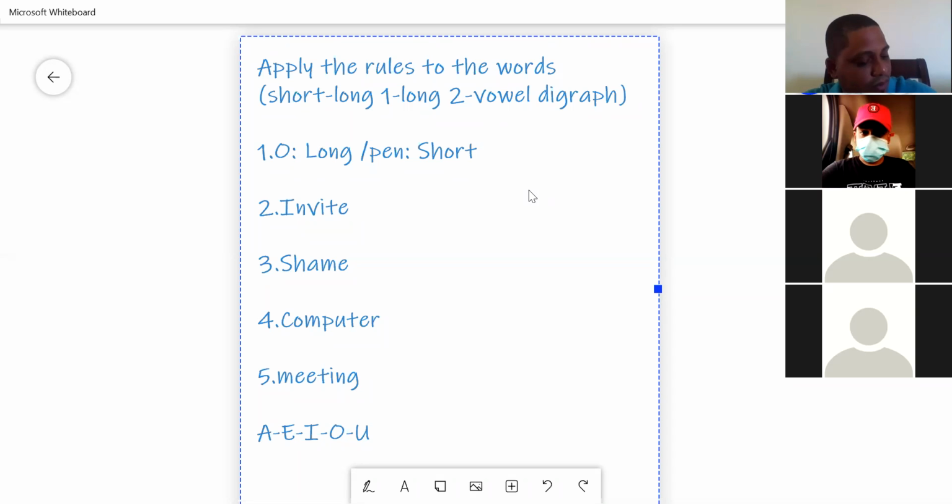The vowel is between the two consonants, in the middle. Very good, that's right. We have two consonants and the vowel is in the middle. That's right, it has the short vowel rule. Very good, Samuel.